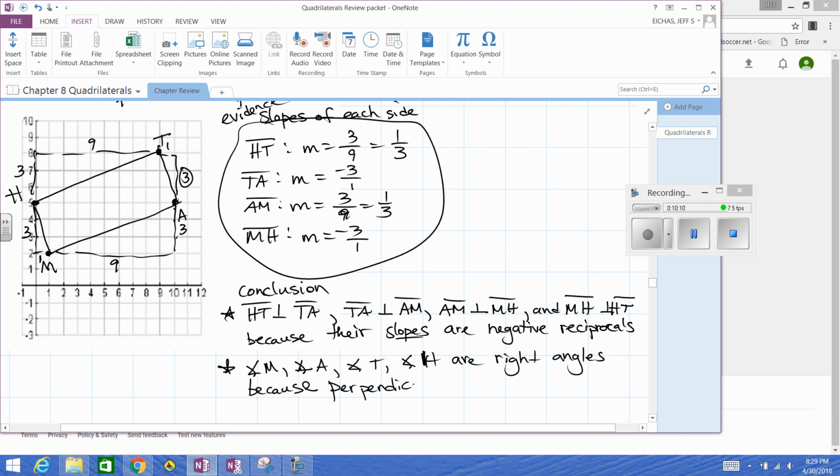Now your teacher might let you, if they do, it's fine, skip right from the slopes are negative reciprocals to right angle. I would take it, but you kind of should go through perpendicular first. But it's a minor detail, and I'm not going to take off for it if I see it. But hopefully you remember to do it perpendicular, then right angles would be better.